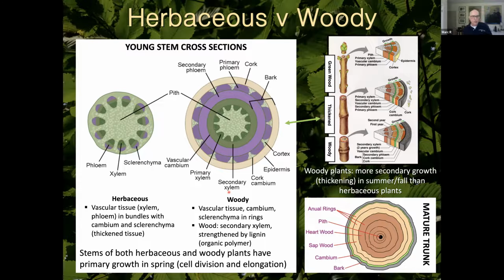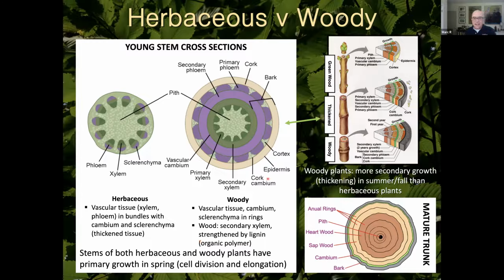And another thing that really distinguishes woody plants from herbaceous plants is that because they live more than 1 year, they have not just primary growth, like a single growth period or season like herbaceous plants, but they have multiple growth periods, one each year.